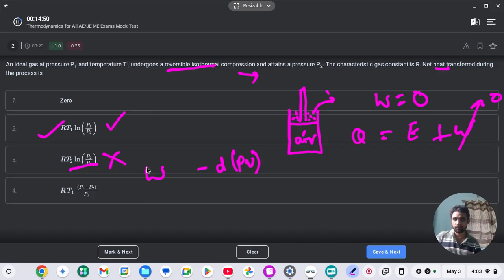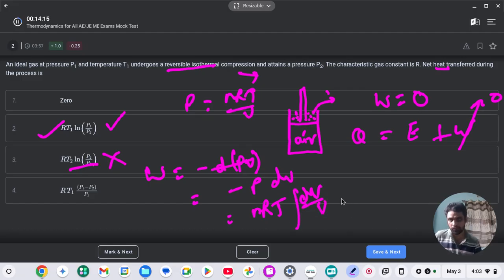Pressure and volume both are changing here, and P equals nRT by V. So we get nRT dV by V. If we integrate this, for 1 mole, n will be 1, so RT1, because T1 equals T2, so temperature is outside the integration, and dV by V gives ln V2 by V1.